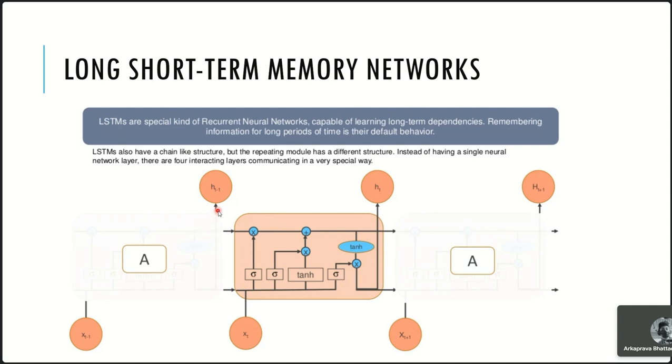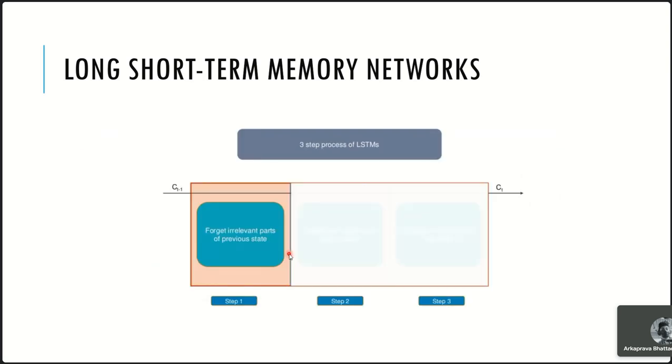I mean, HT minus 1 along with XT is fed into HT, where the processing takes place, right? Now, let's see what these interacting layers are. When combined with tanh, of course, there are 4 interacting layers. Let's see one by one.